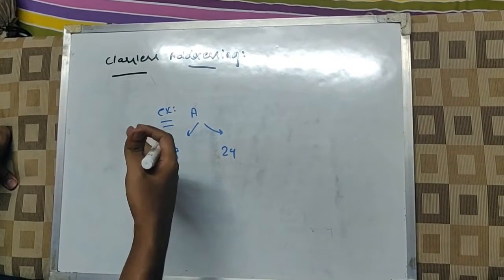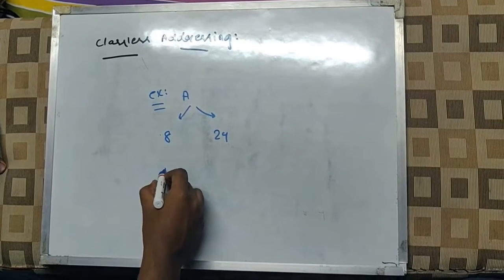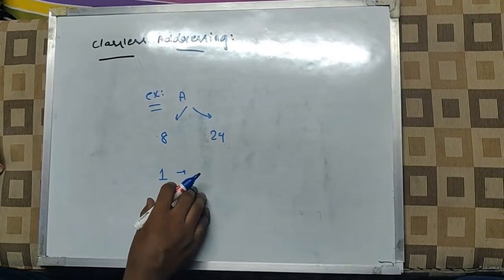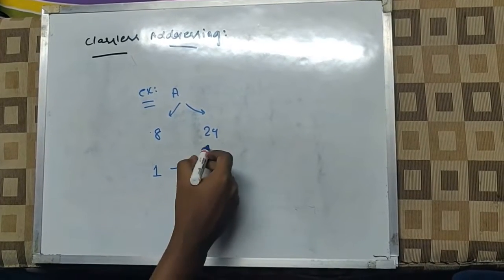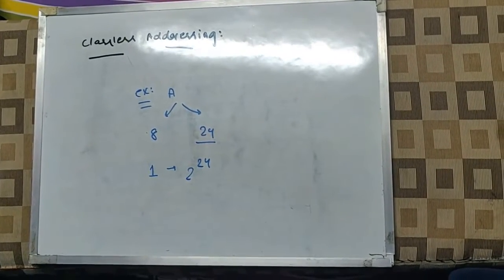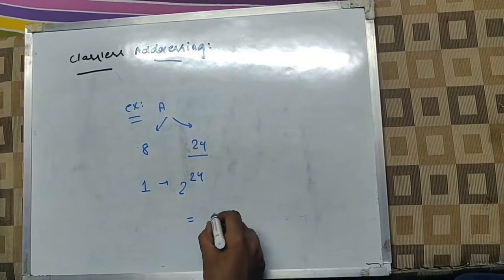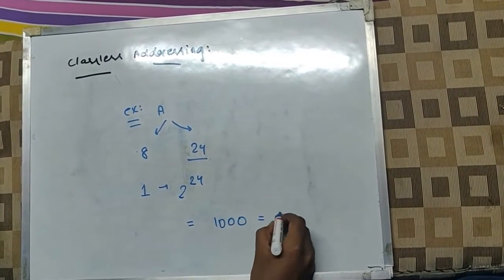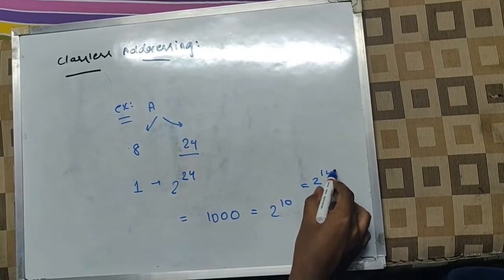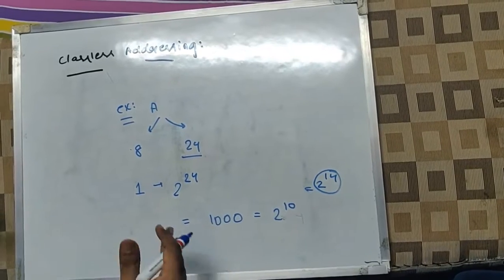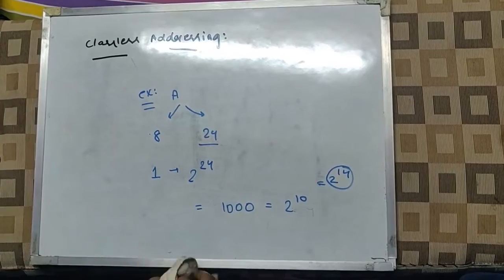If someone takes up a class A address, they can have 2 power 24 different host addresses corresponding to that network address. But suppose the company's host requirement is only 1000 workstations, which needs just 2 power 10. The remaining 2 power 14 addresses get wasted. So how do we account for this? For this, we make use of something known as subnetting.